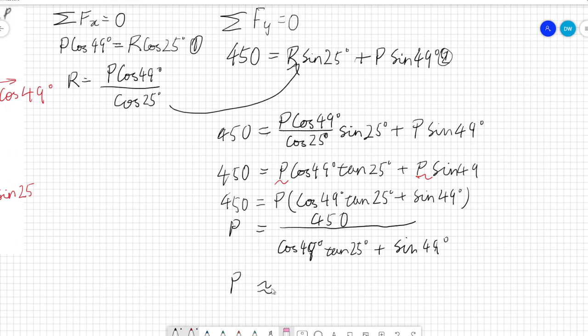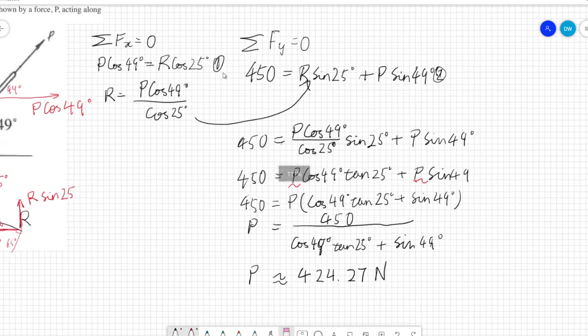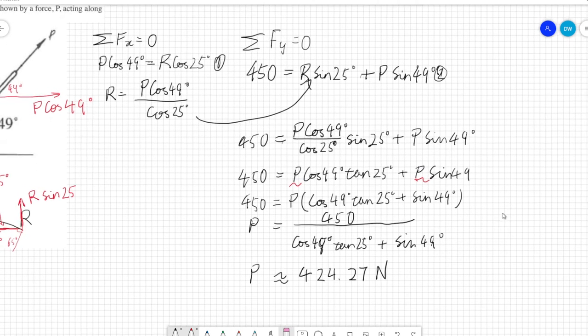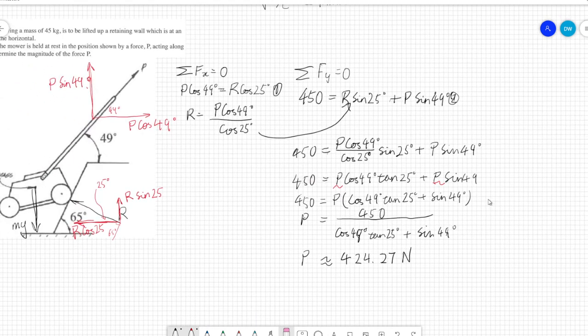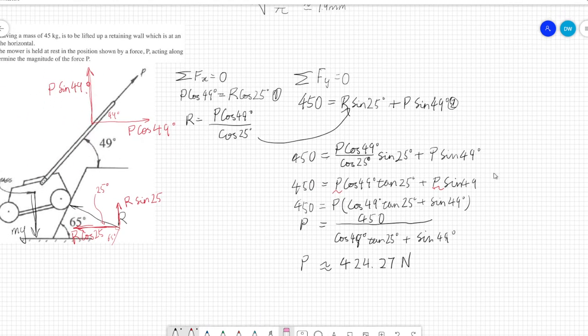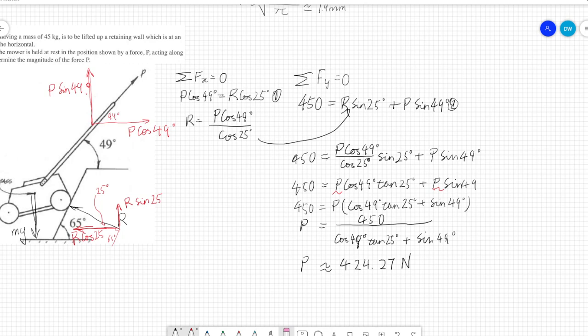If you punch all of this into your calculator, P is approximately 424.27 newtons. So here is the answer. As you can see, this is very similar to the one we did yesterday. The only difference is the direction of the forces.